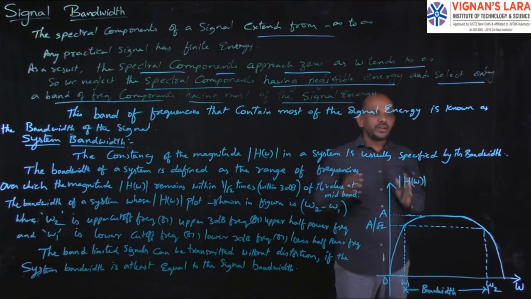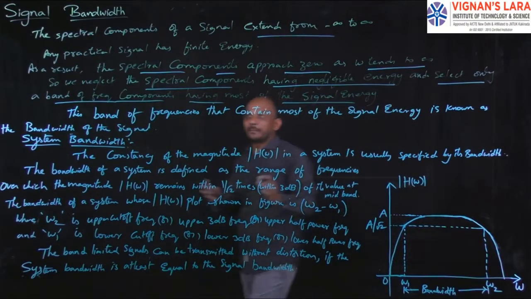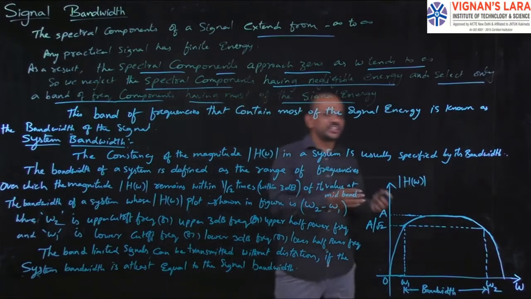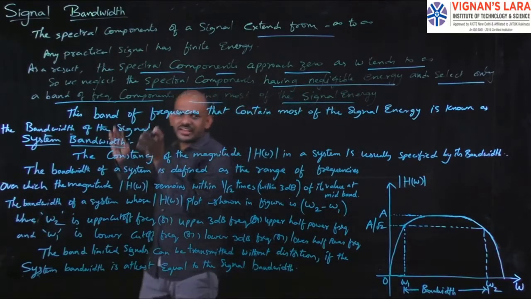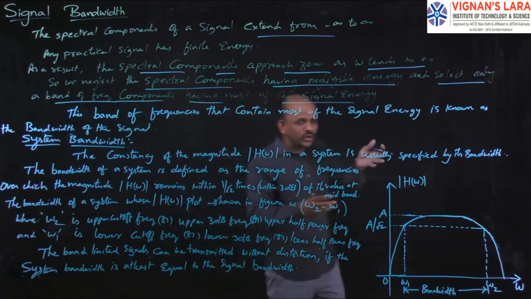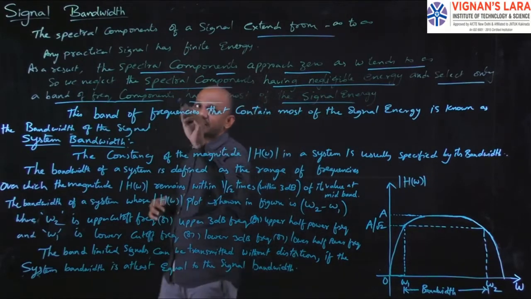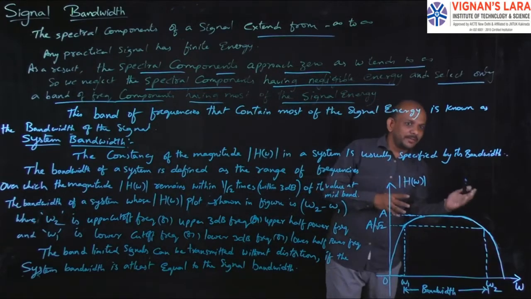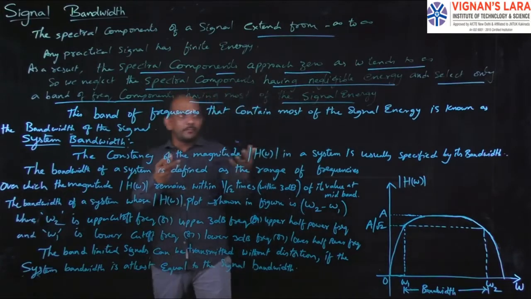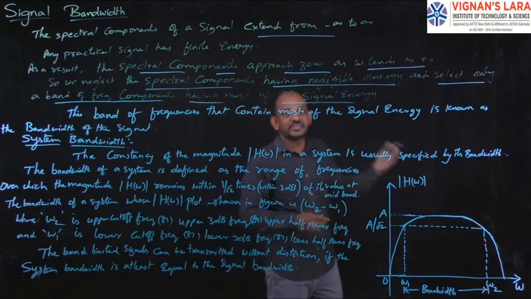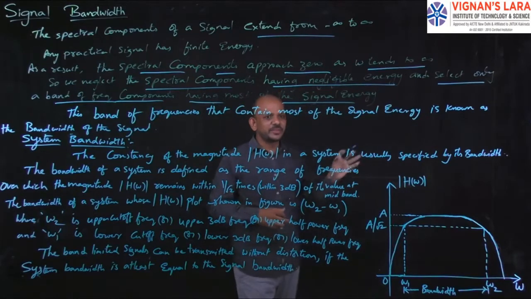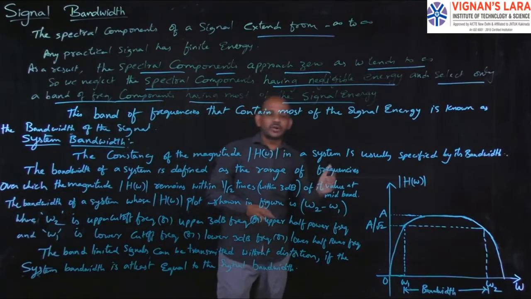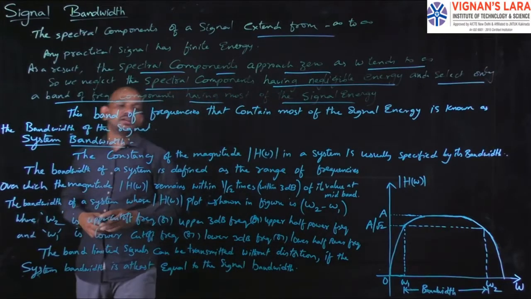During transmission of a signal, some band of frequency components will have most of the signal energy, and the remaining spectral components have negligible energy. So we leave those and select only the band of frequency components which contain most of the signal energy.